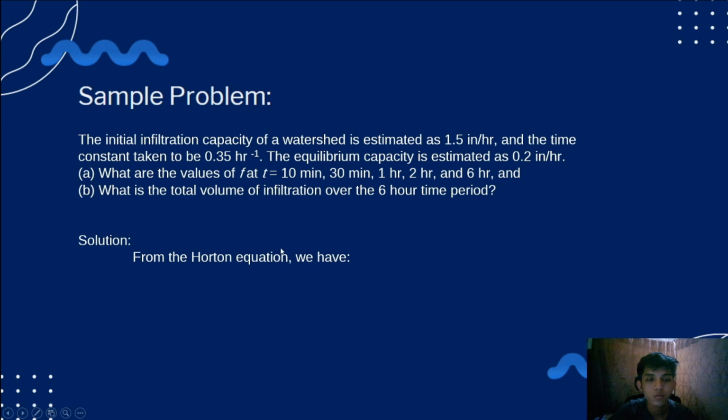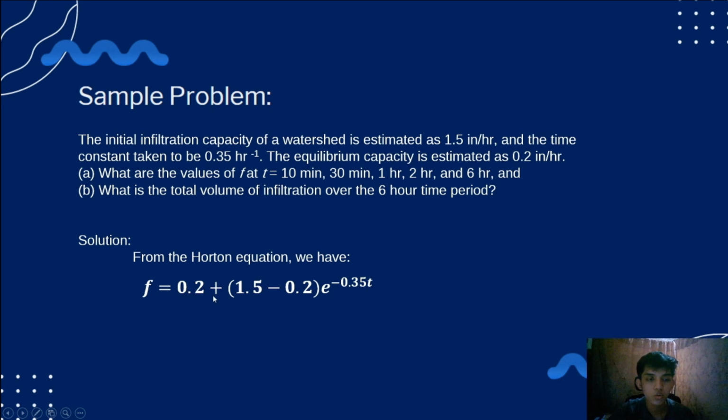So, solution. From the Horton equation, we have f is equal to 0.2 plus (1.5 minus 0.2) multiplied by e raised to negative 0.35 times t. I already substituted the given values in the problem to Horton's equation, or to the first equation given earlier.